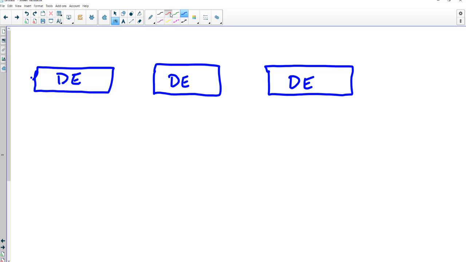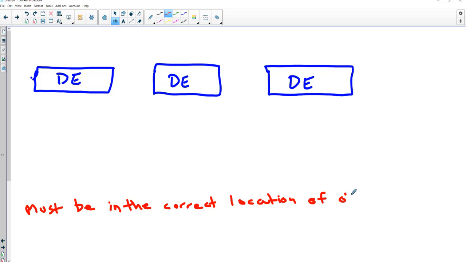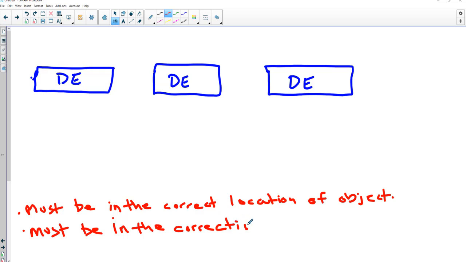It must be in the correct location of the object, it must be in the correct direction, and it must be the correct magnitude or amount.